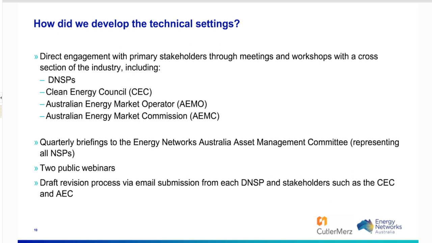So we had individual workshops with every single network, and we also then had follow-up meetings going back and forth over different iterations of drafts with network companies. We also met and talked it through with members of the Clean Energy Council, the Australian Energy Market Operator, and the AEMC.